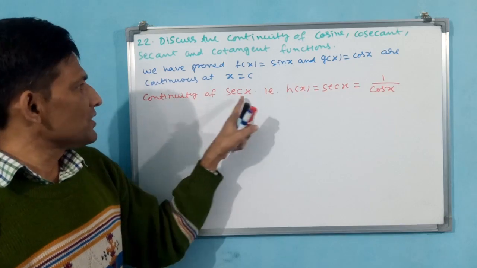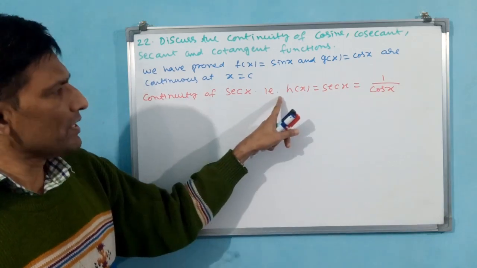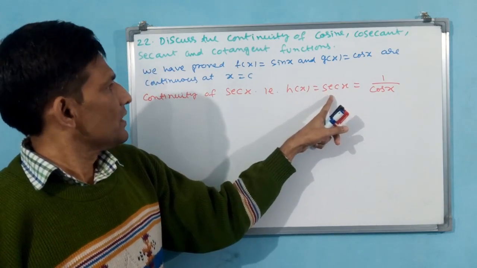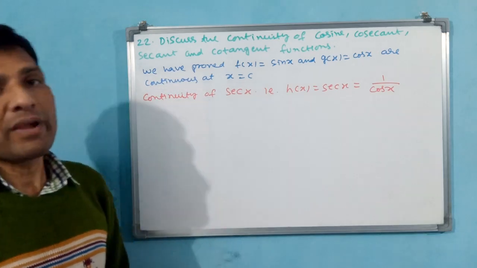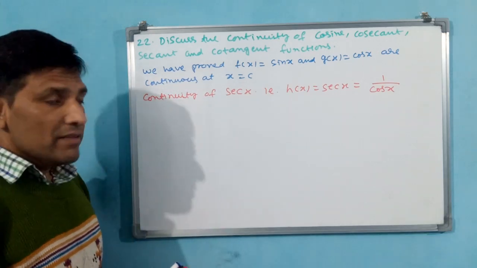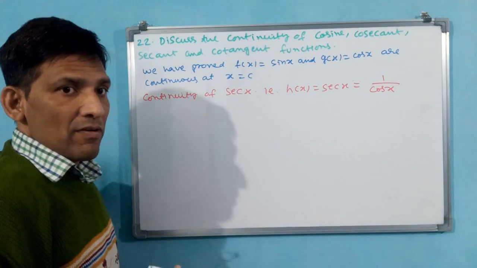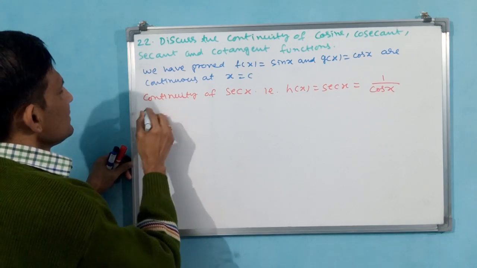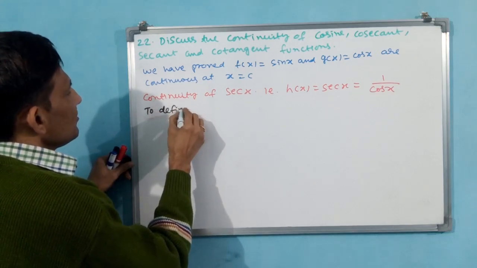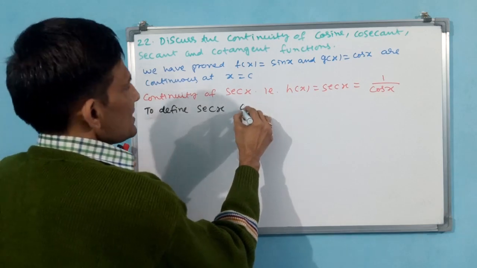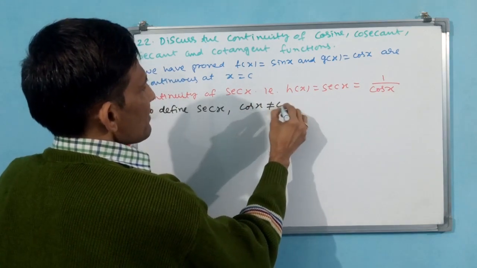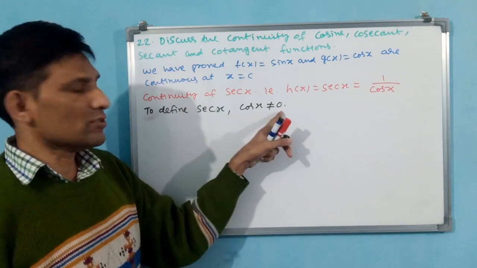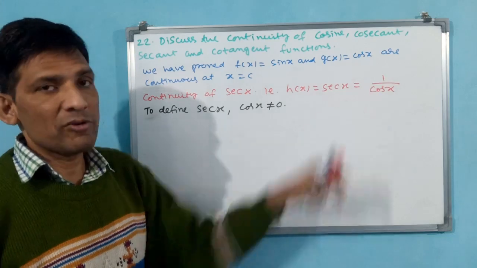H of x is equal to secant x, which is 1 by cos x. To define secant x, cos x should not be equal to 0. Why? Because if cos x is 0, it will become undefined.